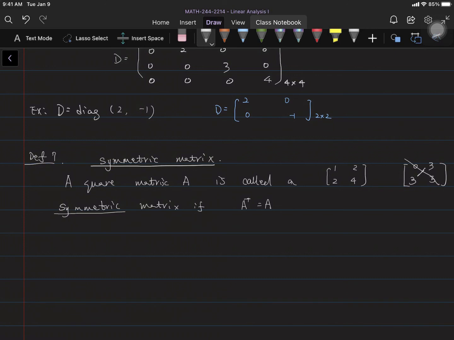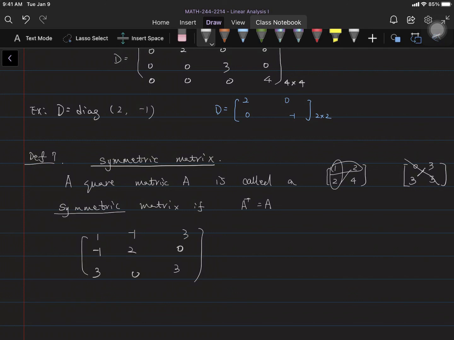Symmetric. I can show you an example. If we change the first row into the first column, it's the same thing, right? 2 and 2, same thing. Let's look at another one: 1, 2, 3, symmetric. It has -1, -1 here, 3, 3 here, 0, 0 here.